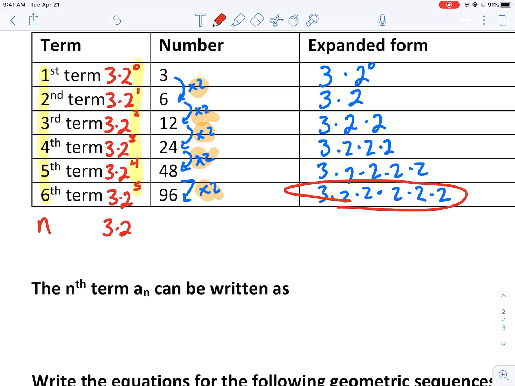So to find the nth term, it would be 3 times 2 to the, and again, it's 1 less. 6 minus 1 is 5, 5 minus 1 is 4, 4 minus 1 is 3, 3 minus 1 is 2, 2 minus 1 is 1, so n minus 1.